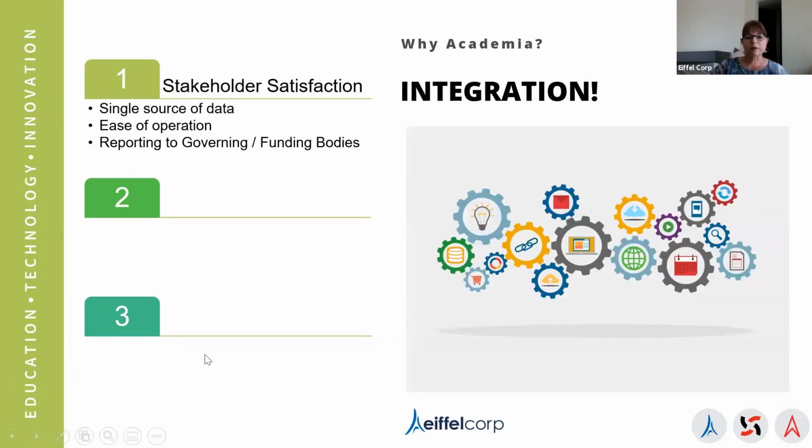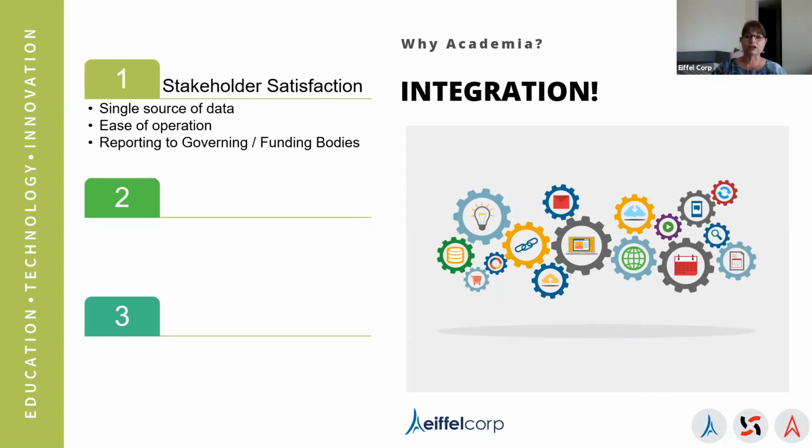But who are the people, or what are the reasons why integration should be a value add and not a pain when you look at the SIS? One thing is always your stakeholder satisfaction, because they are the people that is dependent on how easy it is. If I do work within two business units that use different systems, how easy is it for me to have a single source of data, that I do not have to duplicate data, and make sure that there is a quality between the duplicated data and one set of truth in the data.